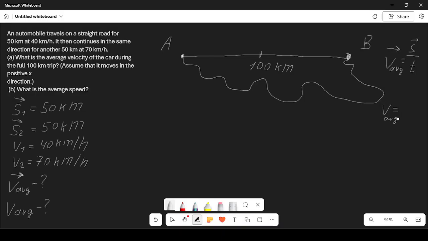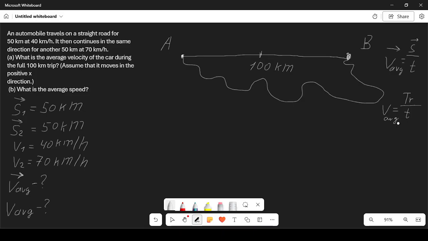Average speed. To find average speed, we consider the length of all this road, all this track, all this trajectory. So let's say it's the length of all this trajectory, all this move, divided by the time consumed. Time obviously the same.